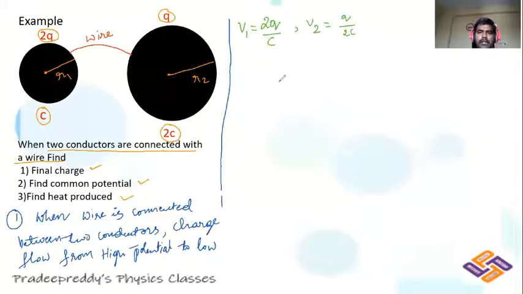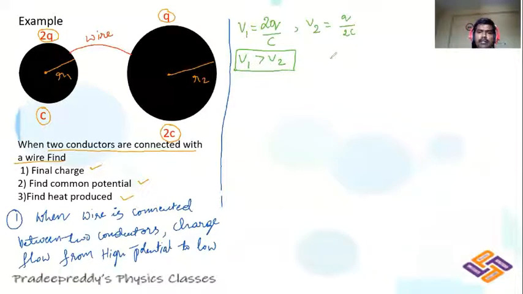That is what we have got, two potentials, V1 and V2. Clearly, V1 is greater than V2. The potential of the first conductor is greater than the potential of the second conductor, obviously.